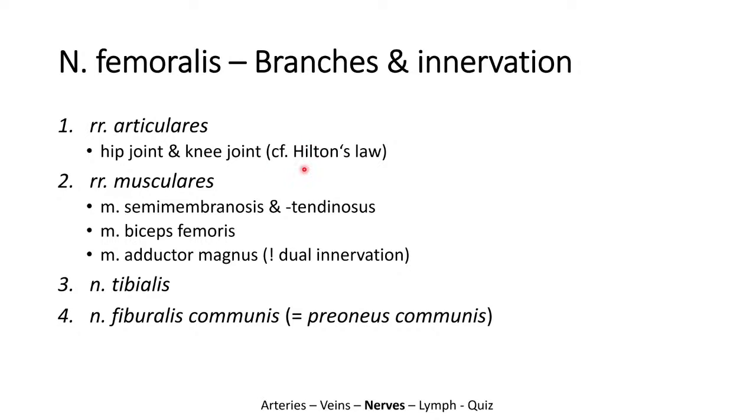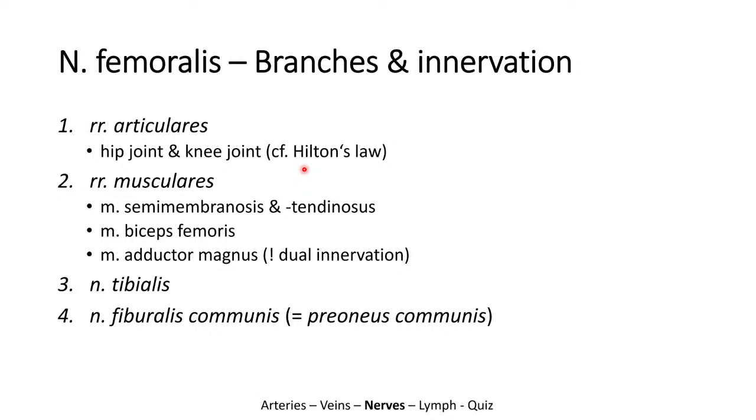So basically Hilton's law says that any nerve that will innervate muscles acting on a certain joint will also supply this joint and the skin of this joint or above this joint with sensory innervation.